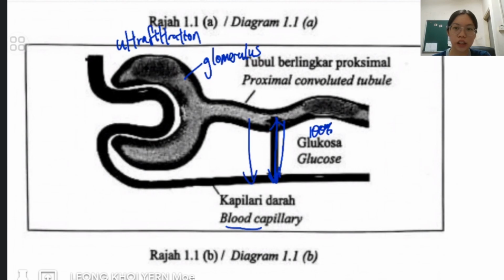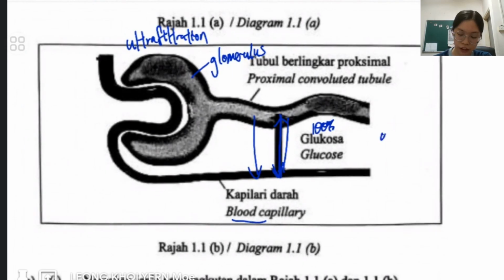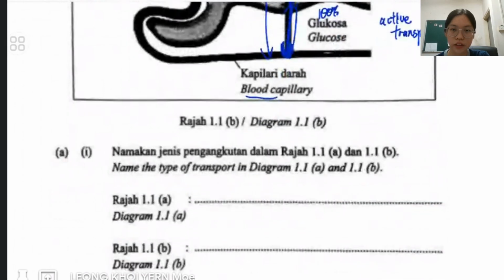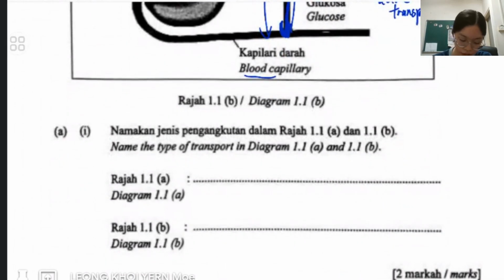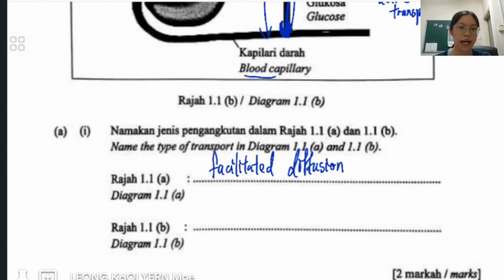This one is using active transport. So you keep absorbing no matter what, because they want to maximize the absorption, so they will use active transport to absorb it. So this one is basically facilitated diffusion and active transport.